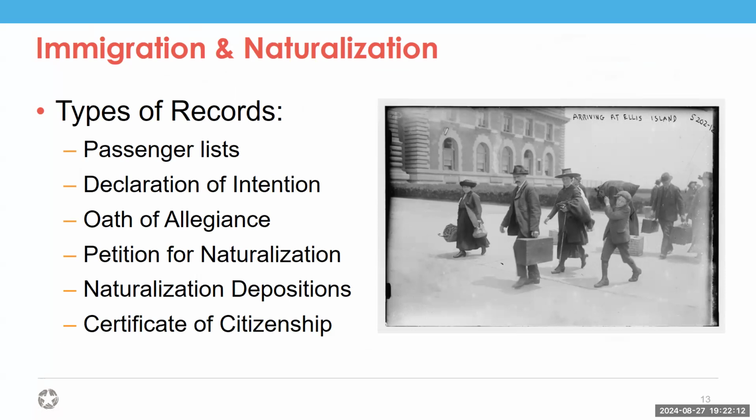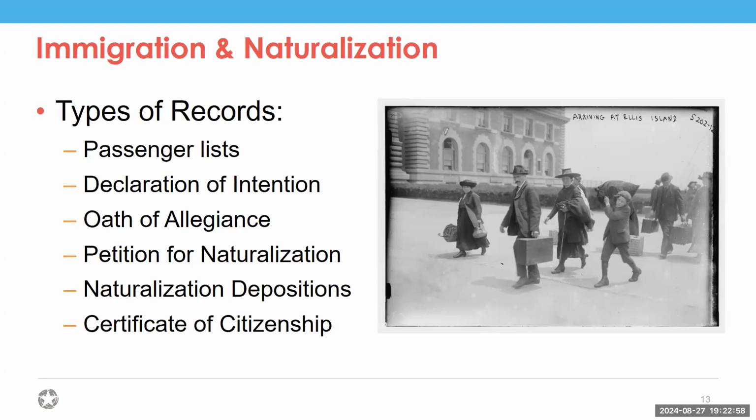This is a whole bevy of different documentation: passenger lists, either from the ship, the port of entry, or sometimes the port of departure; a declaration of intention that was required for immigrants from 1795 up until about 1952; an oath of allegiance; a petition for naturalization, and within that, sometimes naturalization depositions, so statements made by witnesses in support of an applicant's petition for citizenship. And then, if they were successful in their immigration process, they would get a certificate of citizenship.